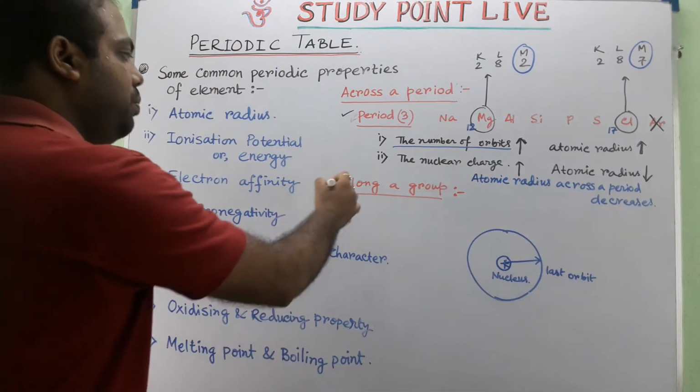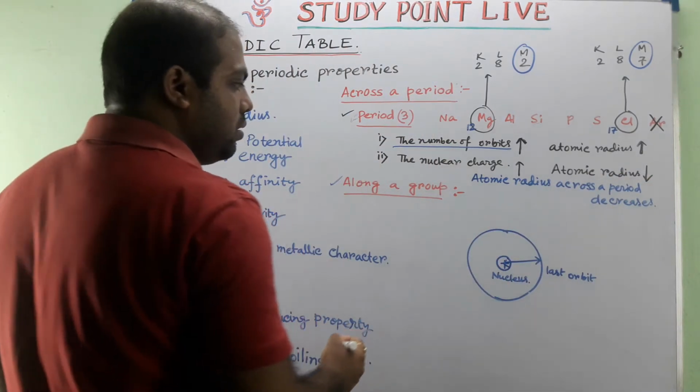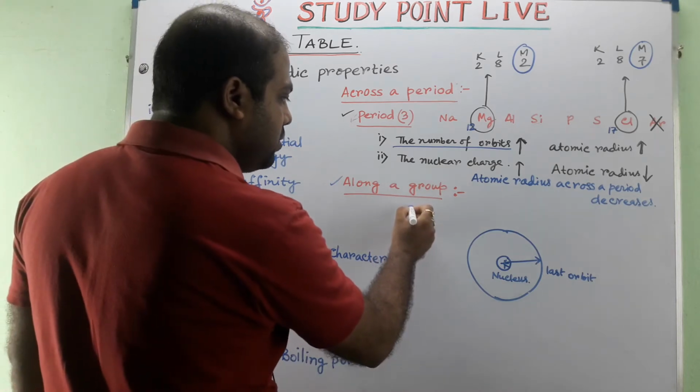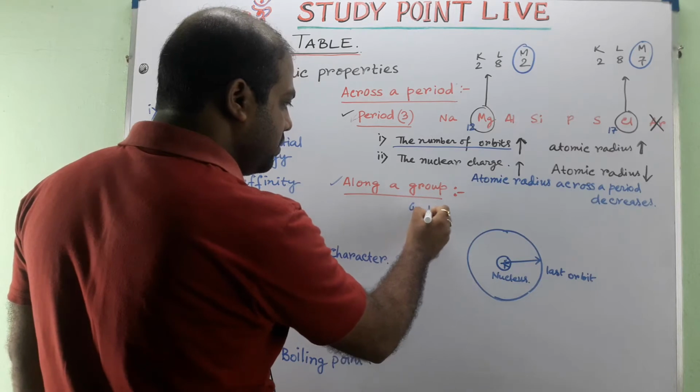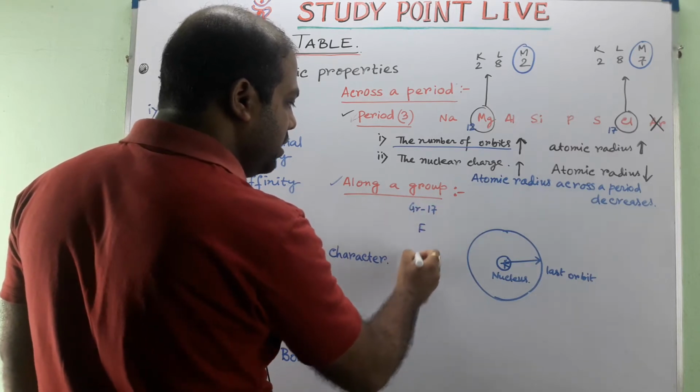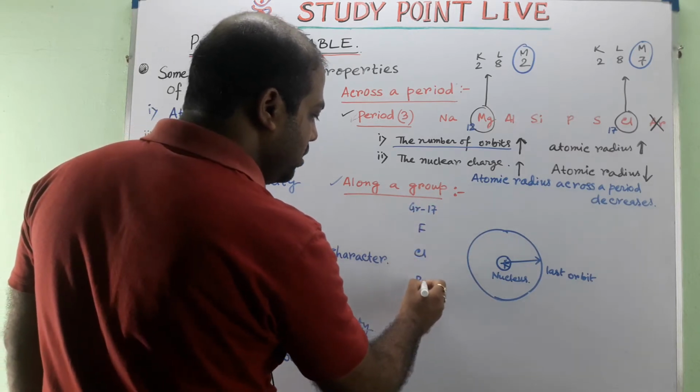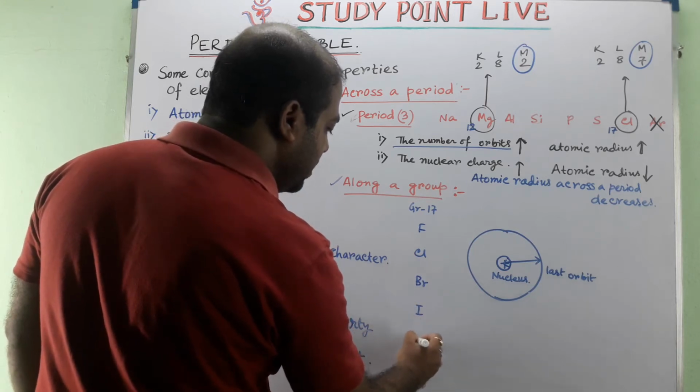But along a group, now we are considering group 17, where fluorine, chlorine, bromine, iodine and astatine are there.